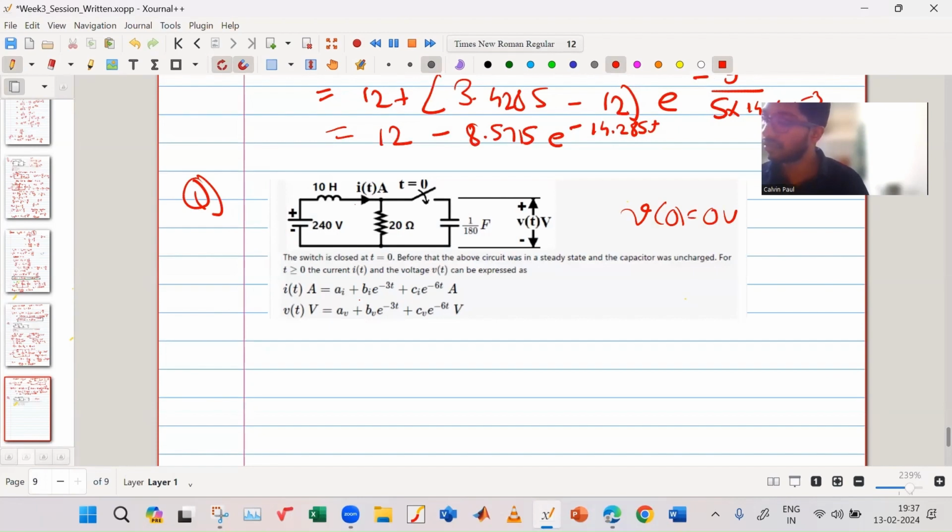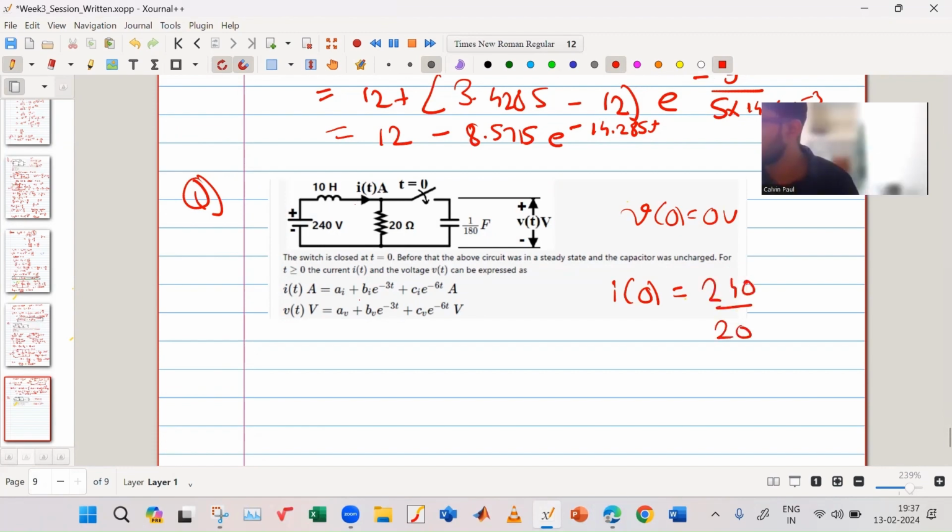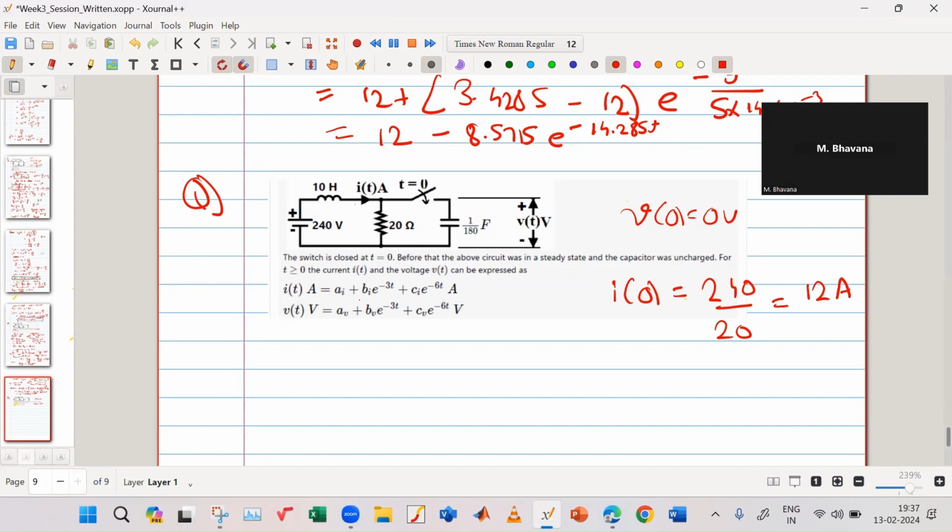And what is the inductor current in steady state when the switch was open? Short circuit current, I of 0. How much is it? 240 by 20. That is 12 ampere.